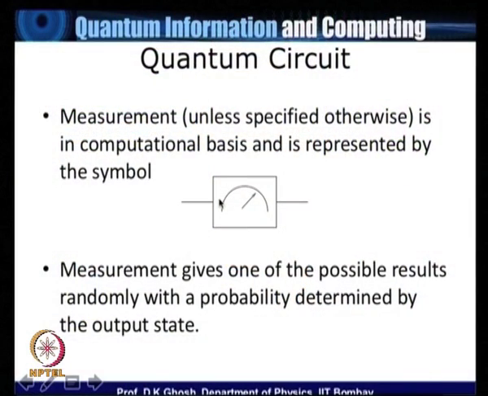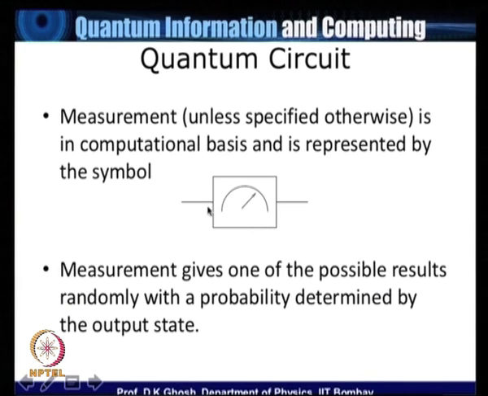The last component of quantum circuits is the process of measurement. As I have said already, the process of measurement we assume to happen always in the computational basis. Look at the slide. The measurement process is represented by a meter-like symbol.